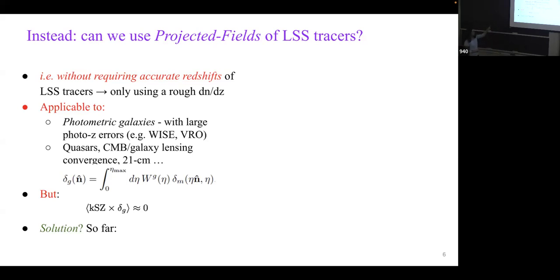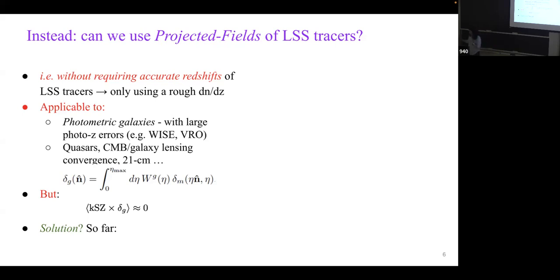But now, because you're using a projected field, if you just take the simple cross-correlation of a clean CMB map, which has KSZ in it, with this projected galaxy field, then statistically it's going to be 0 at most scales. And that's because, as I mentioned earlier, the KSZ is equally likely to be positive or negative along the line of sight. So if you just sum it together, it will cancel out and be statistically 0.